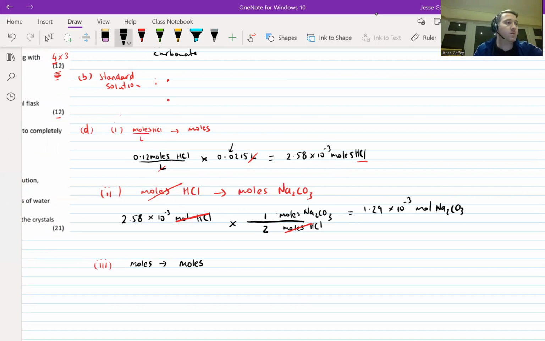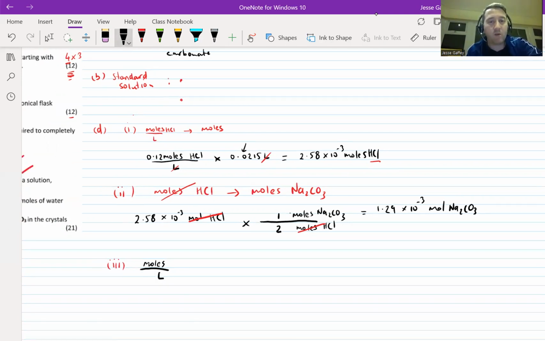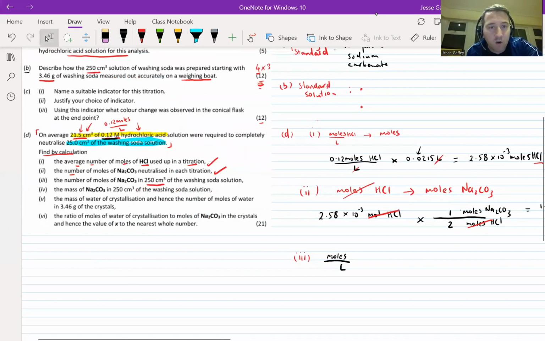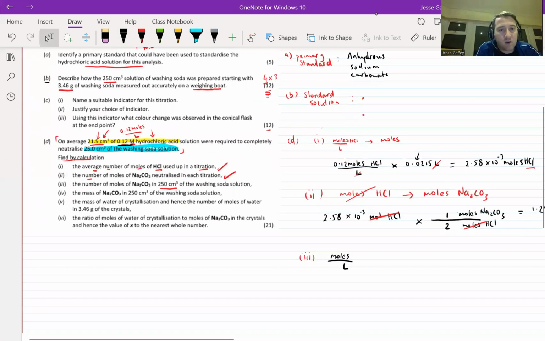Let me just think about this for a second. Yeah, so moles per titration, which is moles per, and it wasn't a full liter, was it? It was moles per 0.025. So it was 25 centimeters cubed. So moles per 0.025. And then we're timesing by a different amount.